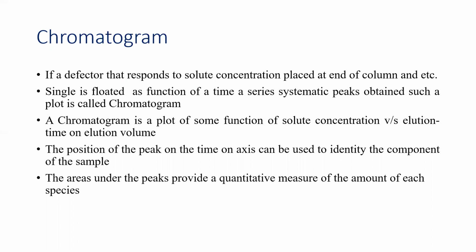Such a plot is called a chromatogram. A chromatogram is a plot of some function of solute concentration versus elution time or elution volume. The position of the peak on the time axis can be used to identify the component of the sample. The areas under the peaks provide a quantitative measure of the amount of each species.